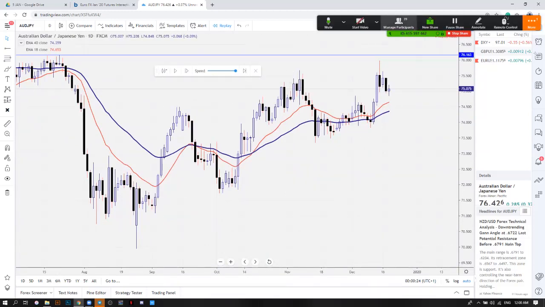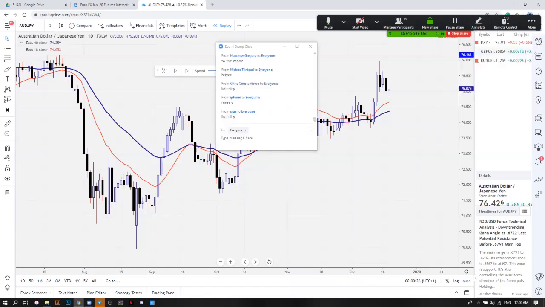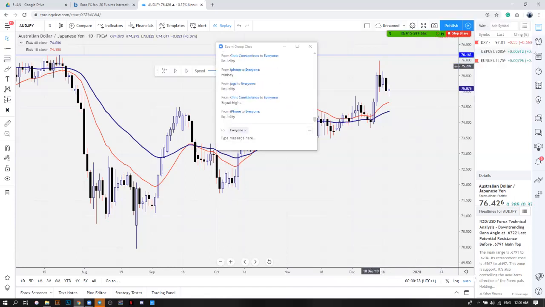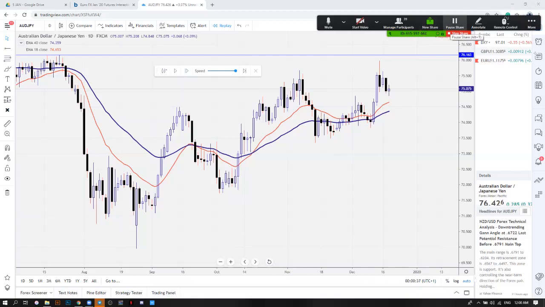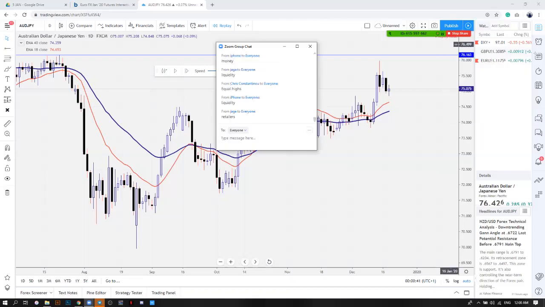I told you guys why the market does this. Money, exactly. Money from which side of the market? Retailers, hedge funds, or central banks? No, not retailers, the hedge funds.